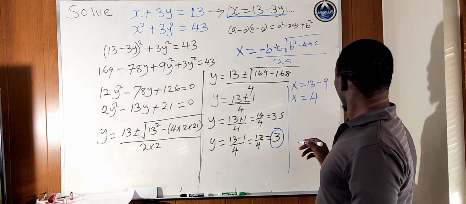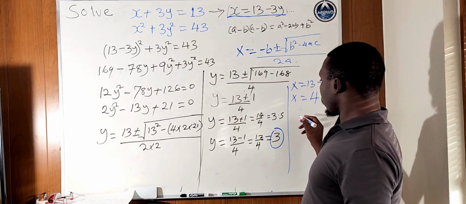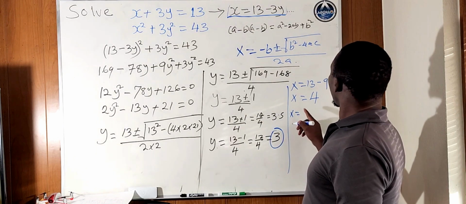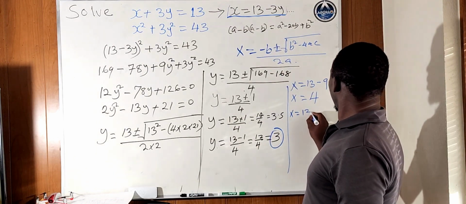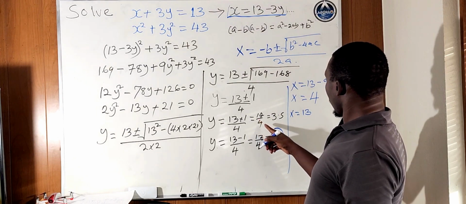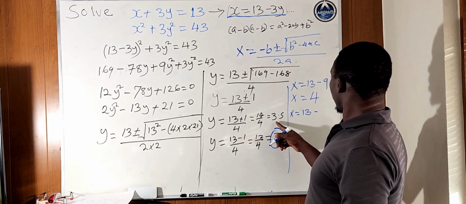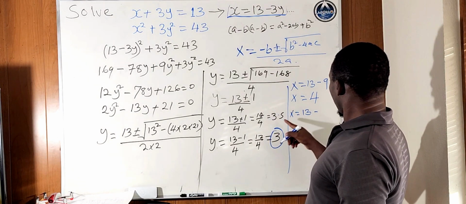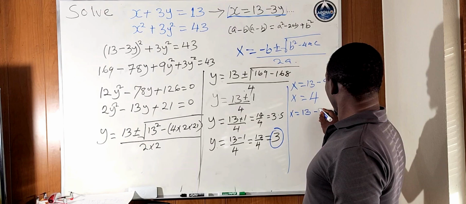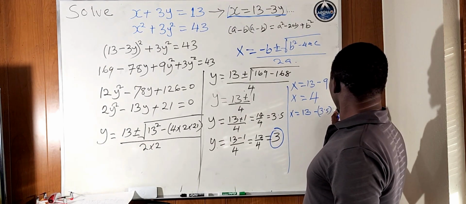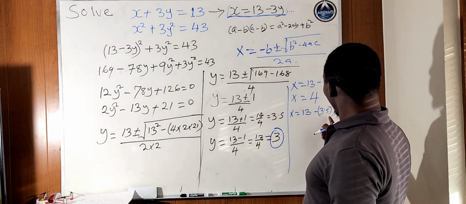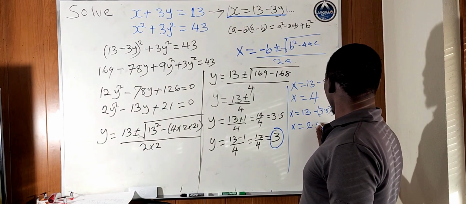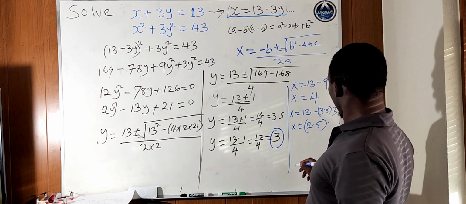Then the next one: x equals 13 minus 3 times 3.5, which gives x equal to 2.5.